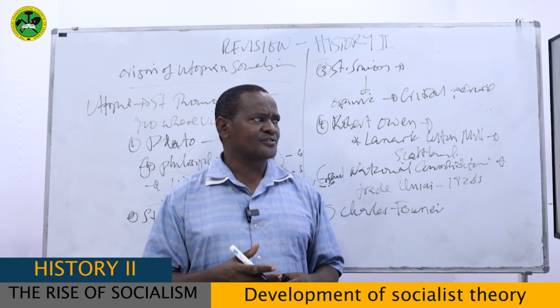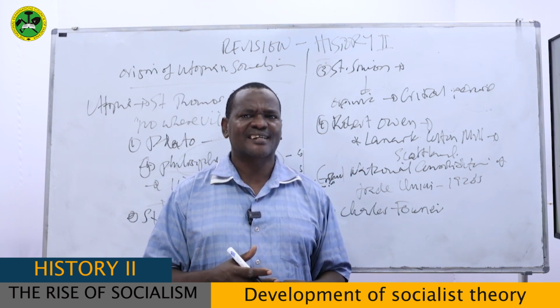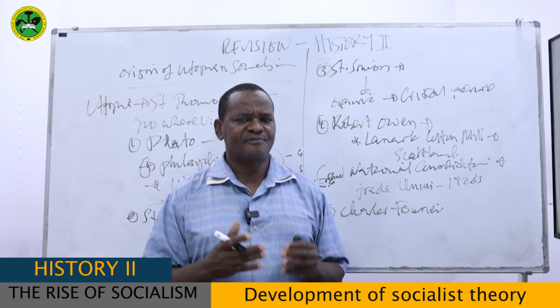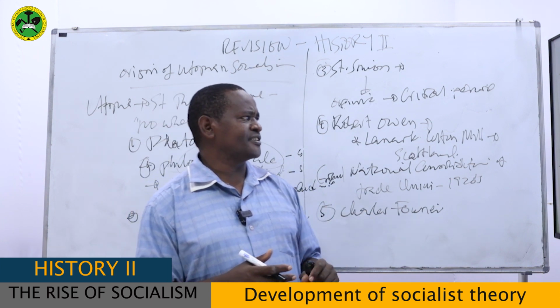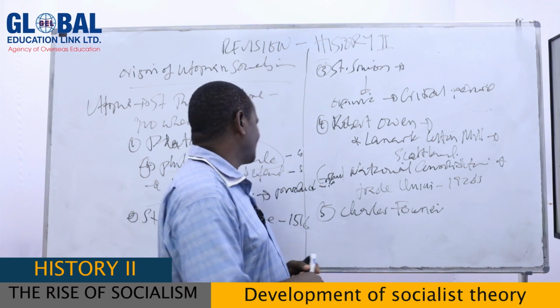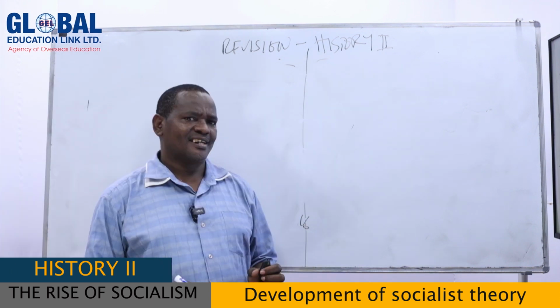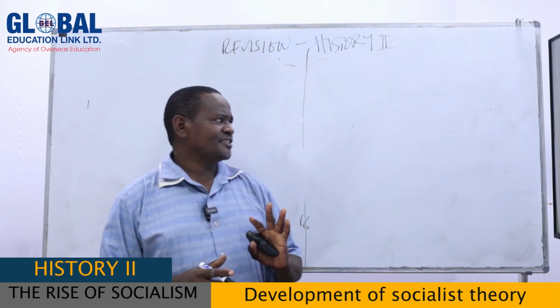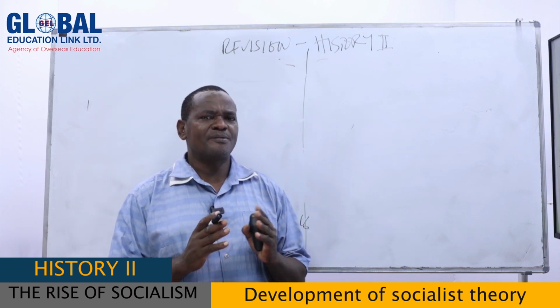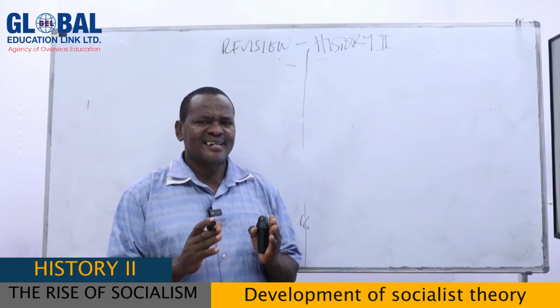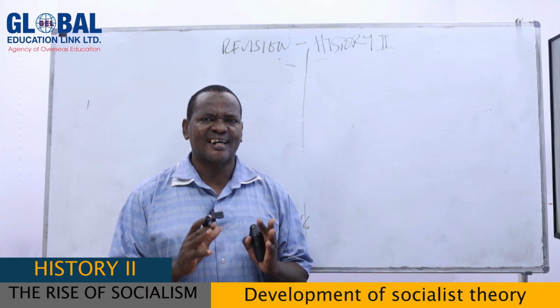What are the features of utopian socialism? What characterized utopian socialism? The first characteristic of utopian socialism is that they wanted to establish an ideal society, a society in which people will be equal legally, politically, economically, and socially.